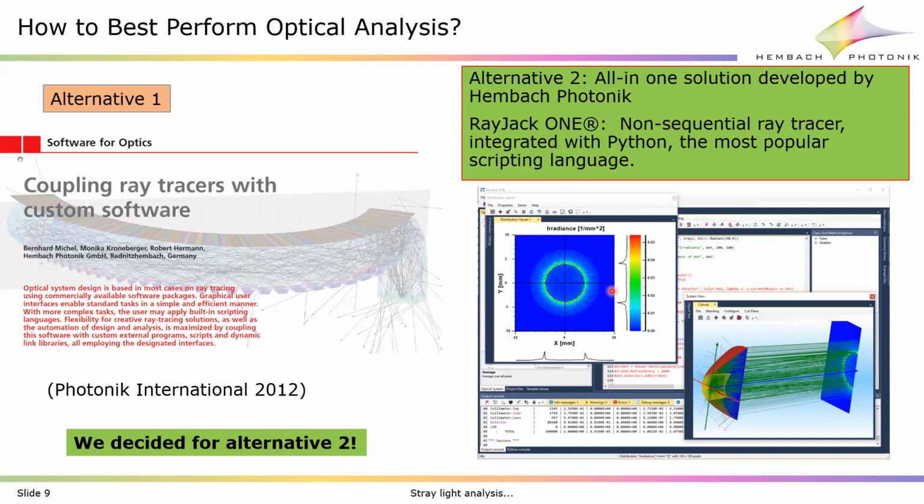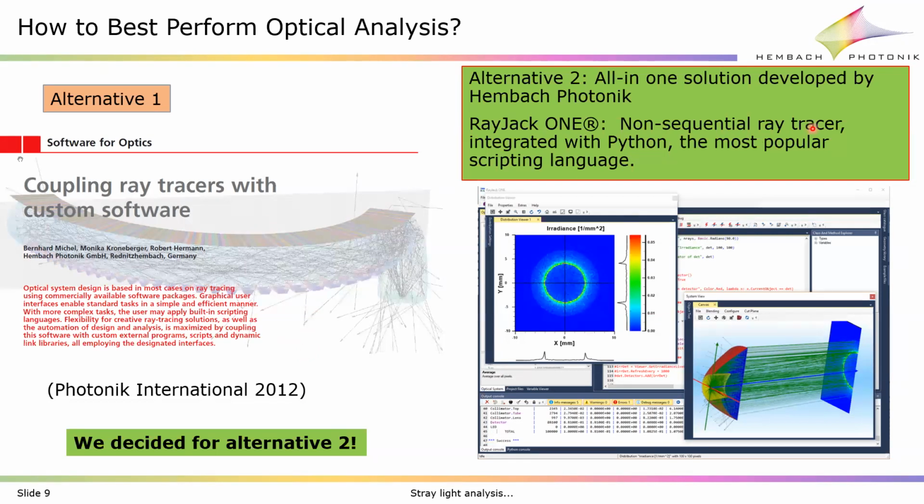Now, how to do it best? So, yeah, 11 years ago, we made a publication where we tried to couple ray tracers with self-written software in order to do this analysis in Python, which was most used then. For the ray tracing, we used at that time CMAX or ASAP. But we always found shortcomings: you could not access all data, so that it was rather inconvenient to do that.